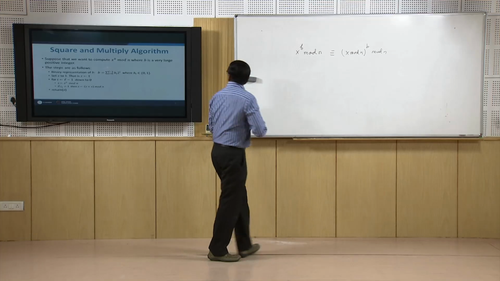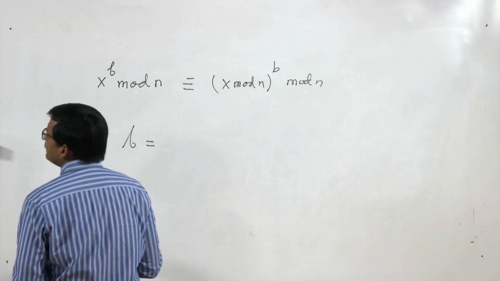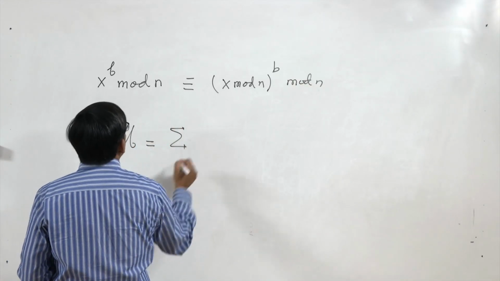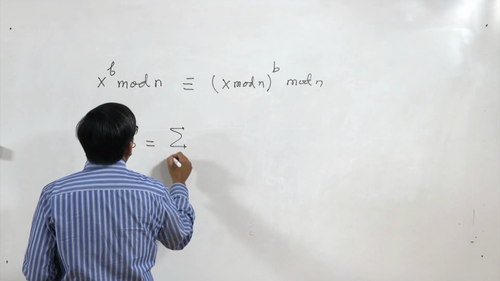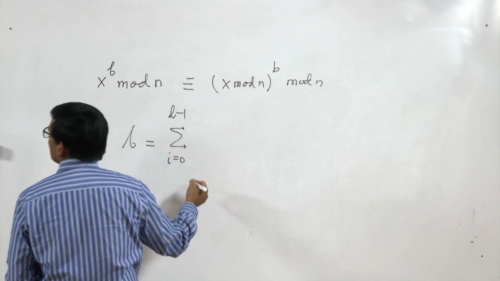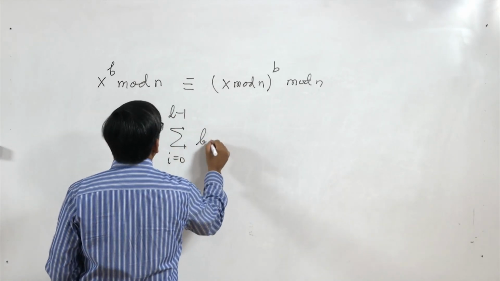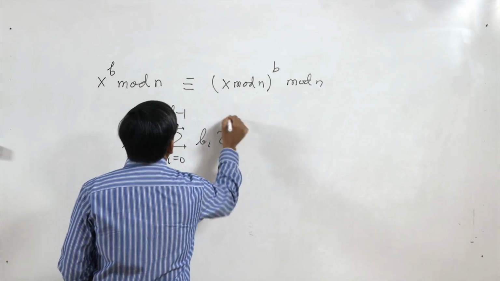So, we will have b equal to sigma, i equal to 0 to L minus 1, of Bi 2 to the power i.